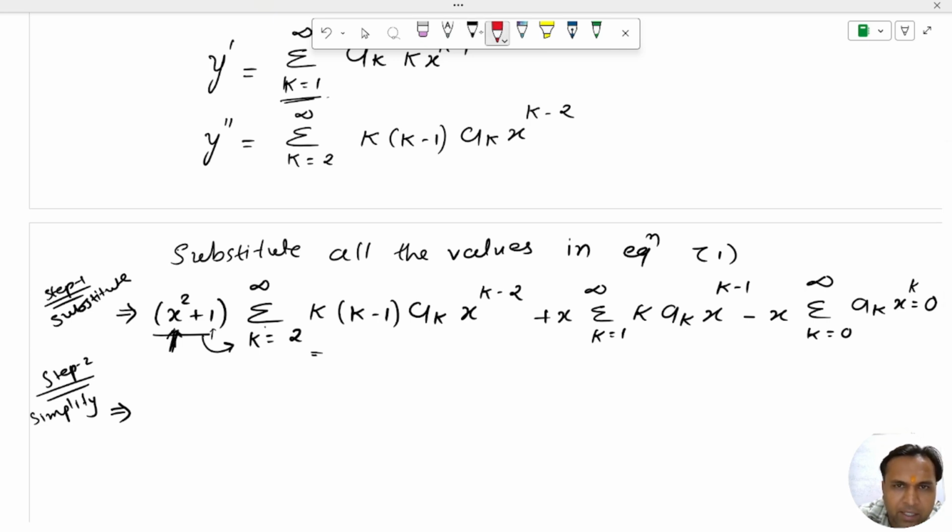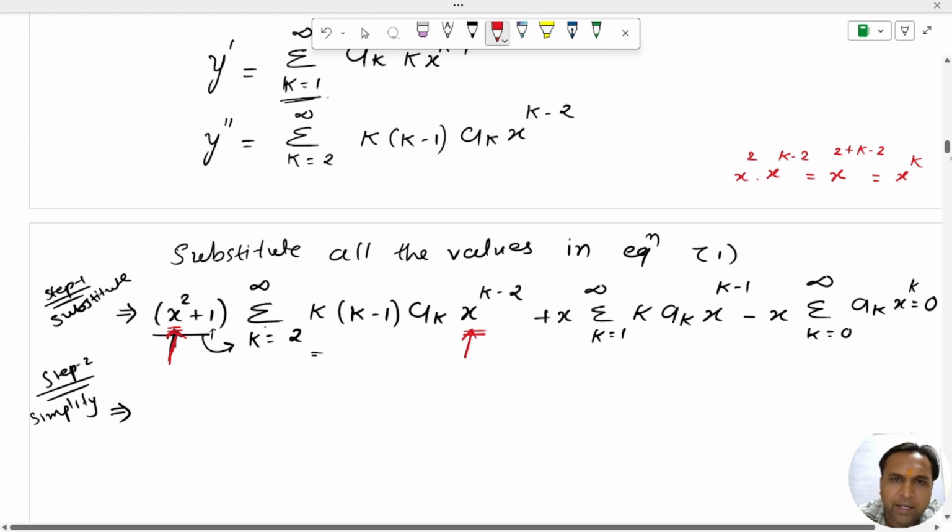and here we have x raised to k minus 2. If I take the multiplication of x squared with x raised to k minus 2, we know that if the bases are the same, it becomes x raised to 2 plus k minus 2, so it becomes x raised to k. That is clear.